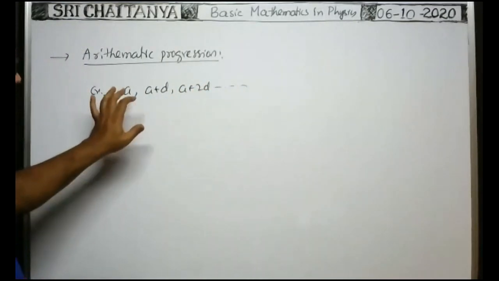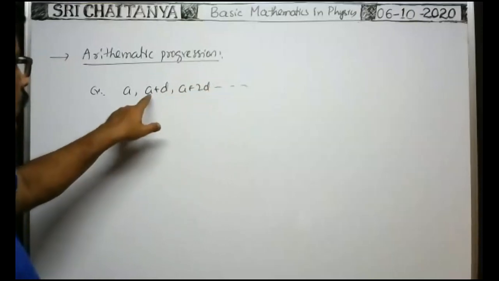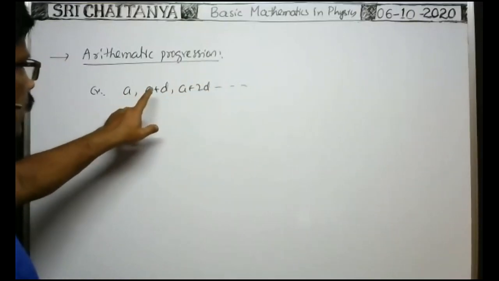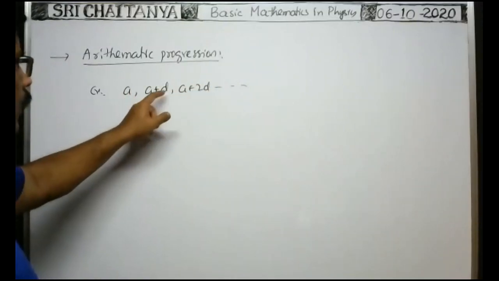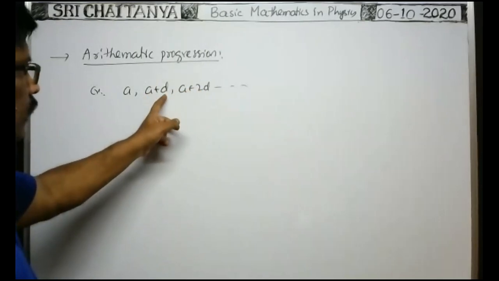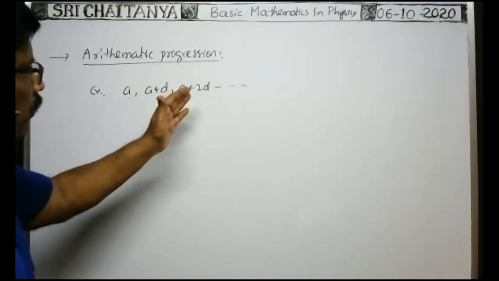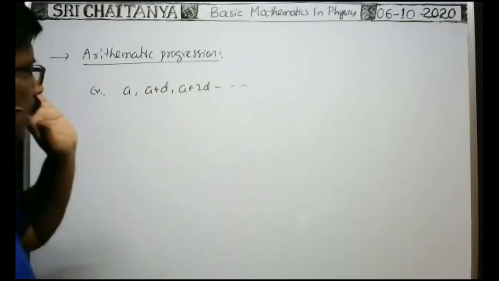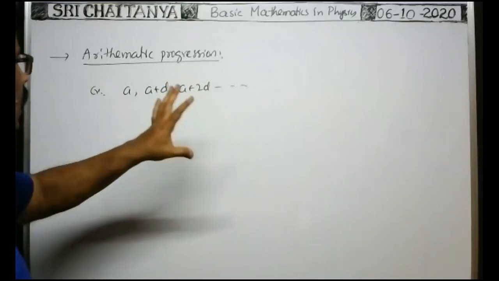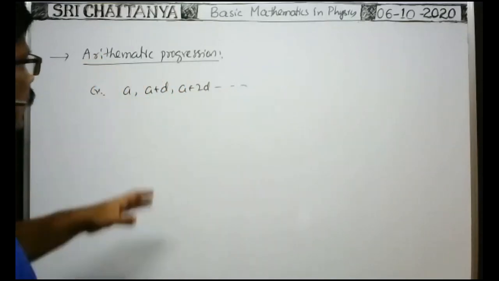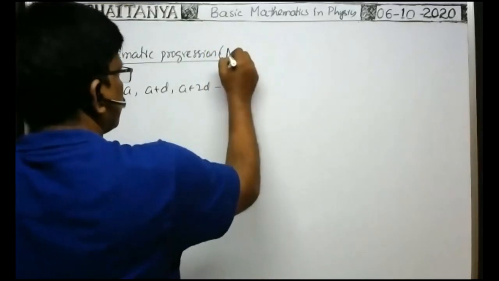Difference between successive terms means a plus d minus a, d. a plus 2d minus a plus d, d. That means the difference between any two successive terms you take, the difference is the same. That's why the series of terms is said to be in AP. Arithmetic progression means AP.